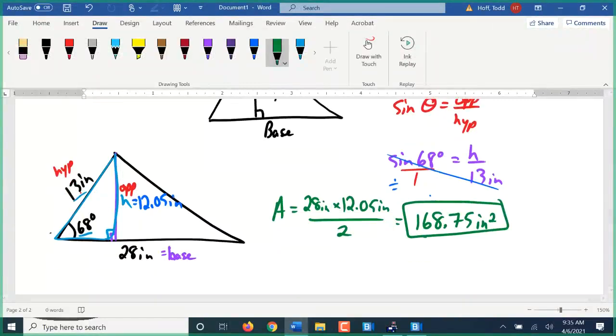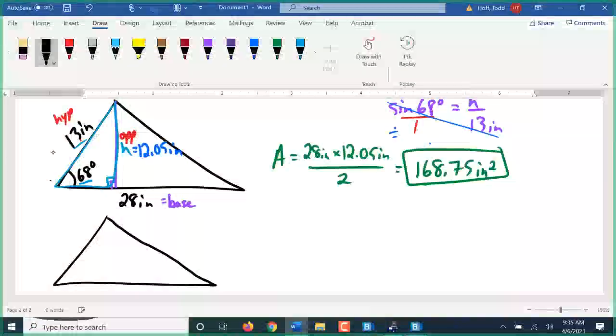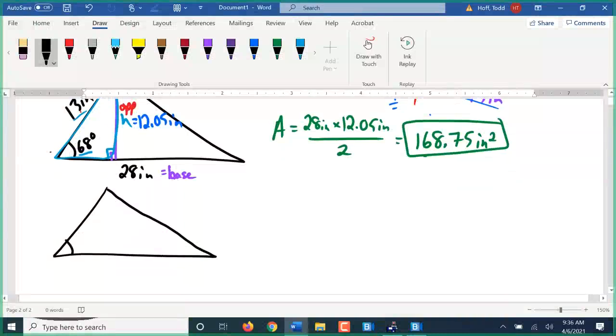Well, if we look at what just happened there, instead of giving you the base and the side over here, I'm going to say that I know this angle.